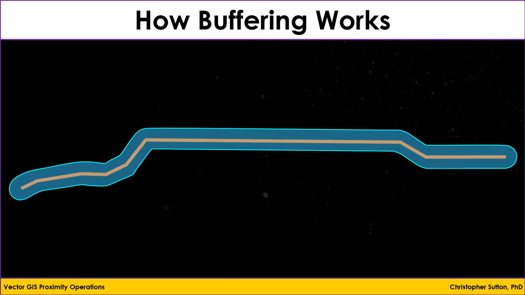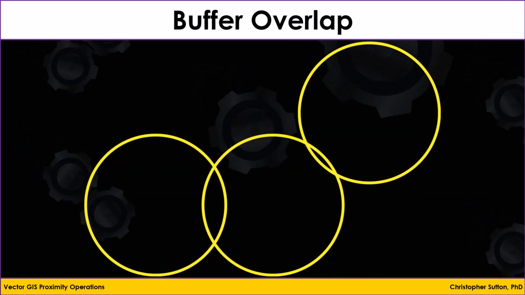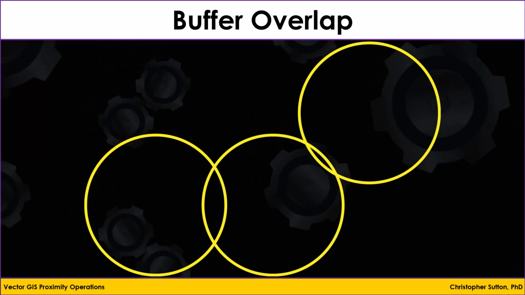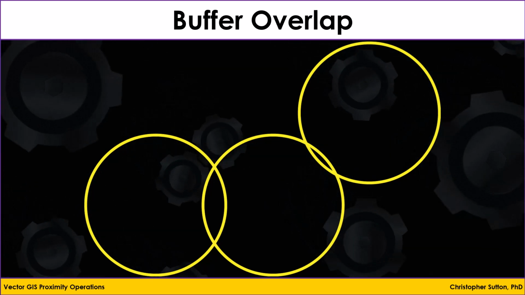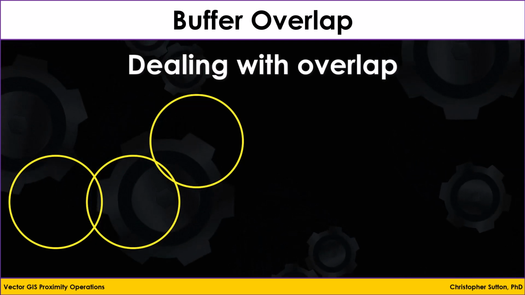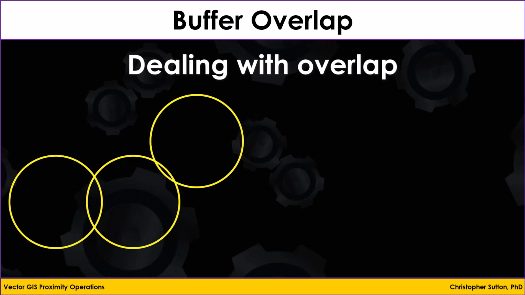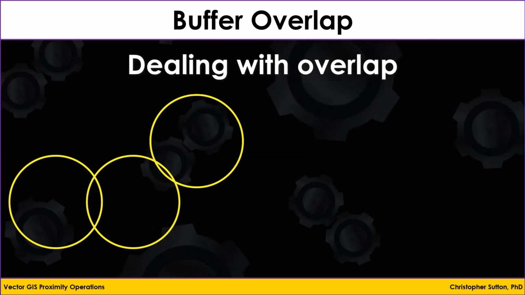You can create buffers around multiple features inside of a data set. One of the things that occurs when you do this is that buffers may overlap each other. So how do we deal with overlapping buffers in our analysis? There are two ways. The first way is to do nothing, just to leave every buffer as an individual polygon that has been created around a feature in the data set.